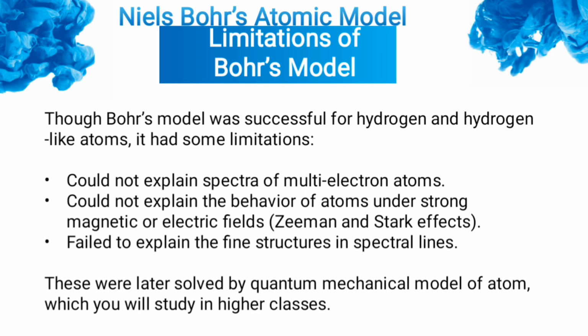It could not explain the spectra of multi-electron atoms, could not explain the behavior of atoms under strong magnetic or electric fields like the Zeeman and Stark effects, and failed to explain the fine structure of spectral lines. But student, these were later solved by the quantum mechanical model of the atom, which you will study in higher classes.